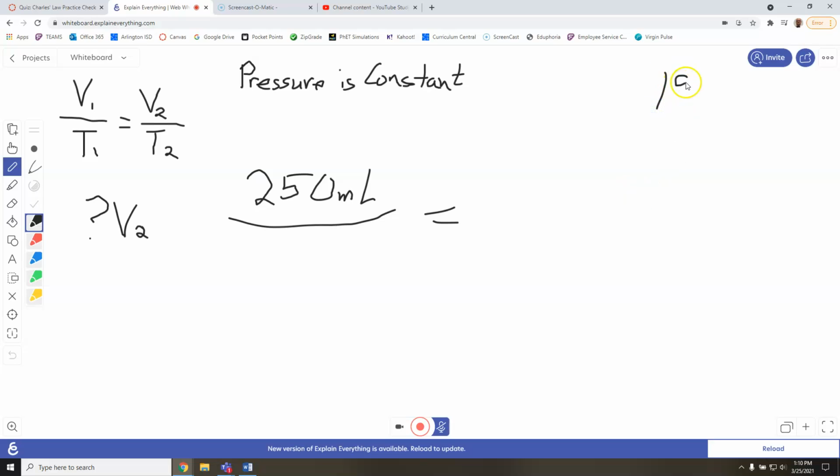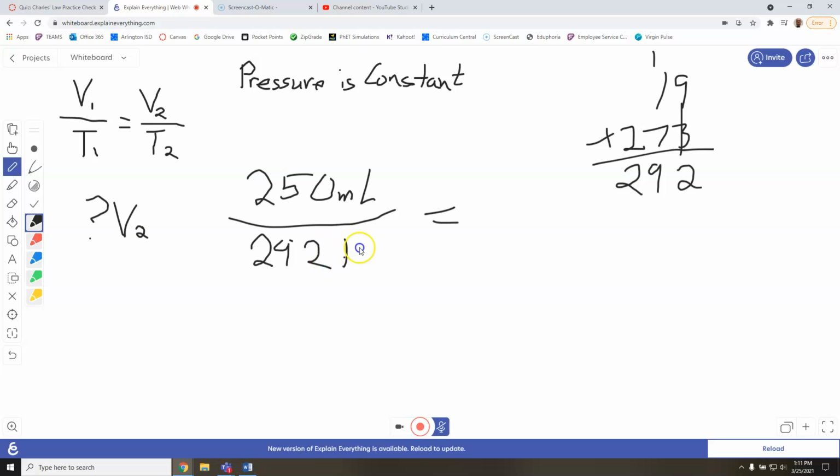So 19 plus 273. And we add those, we get 292. Now we can put that into our problem. So 292 K.